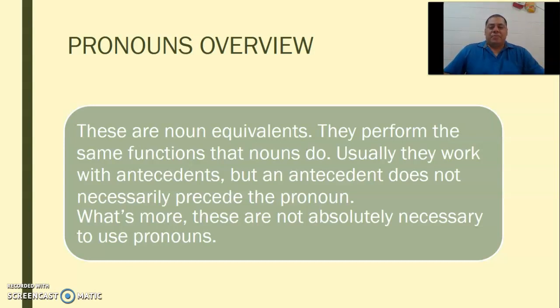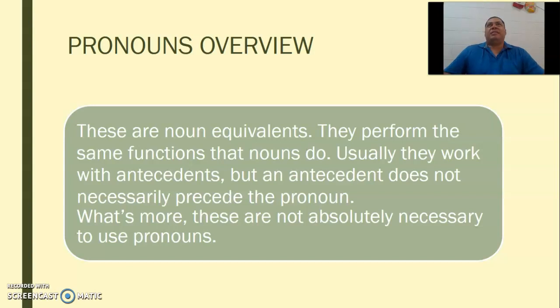Now, as the text says, usually pronouns work with an antecedent, but an antecedent does not necessarily precede the pronoun.